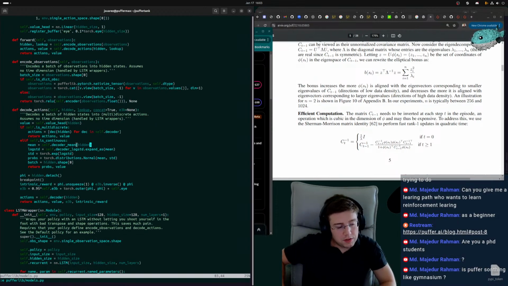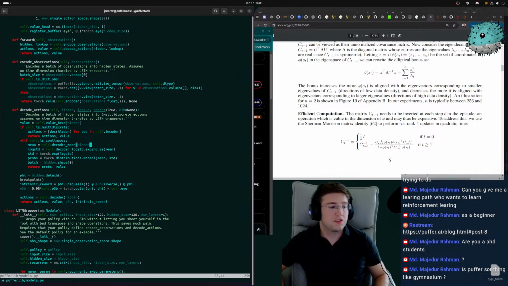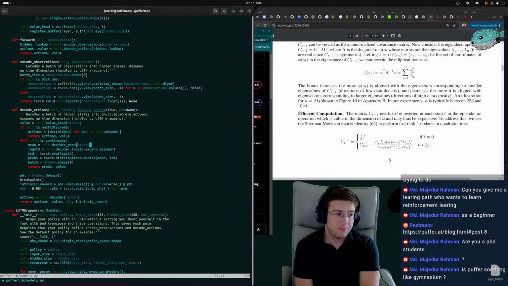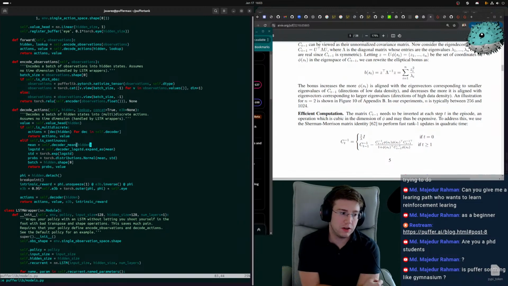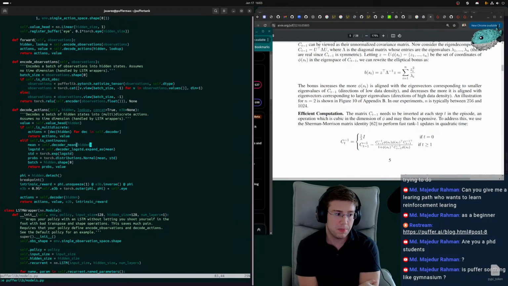Is Puffer something like Gymnasium? No, because Gymnasium is just an API for RL environments. Puffer is a lot more than that. Puffer has way higher performance distributed simulation compared to Gymnasium. We don't have as much API overhead. We have our own environments that we have made that are like 1,000 times faster than basically anything in Gymnasium.